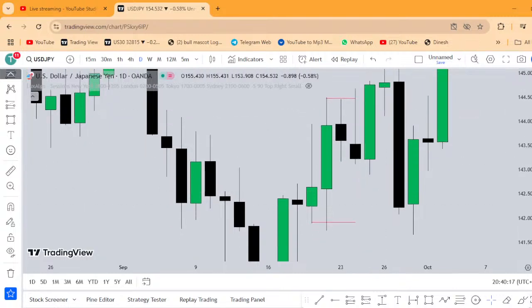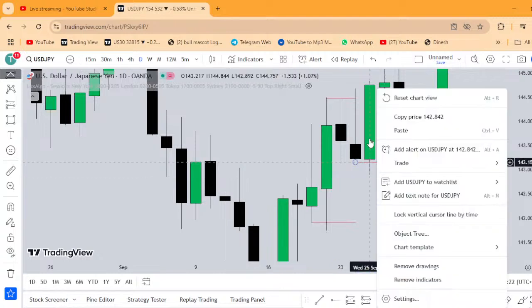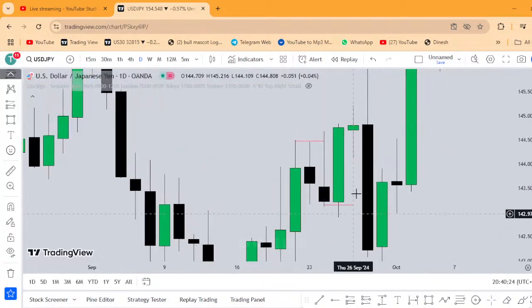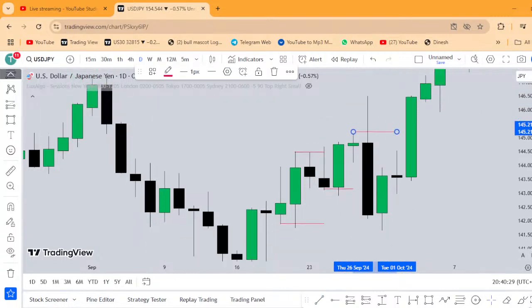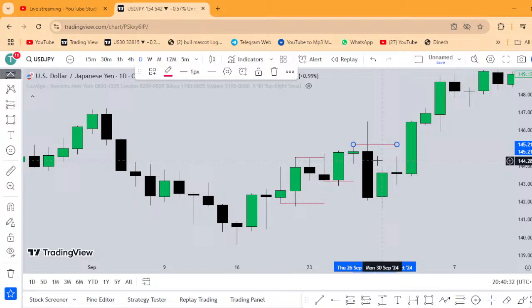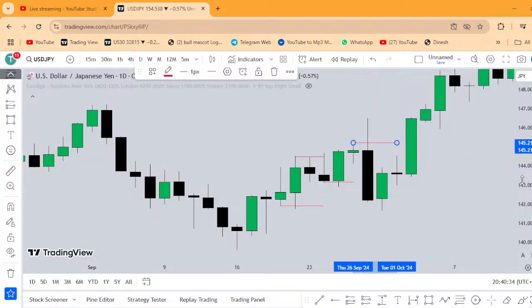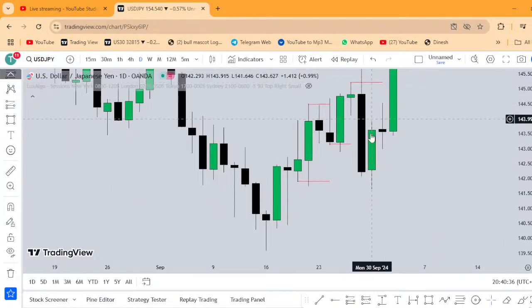Very easy. When price swept this low, it bought, right? As simple as that. When price took away this high, and this must have been some news, it's Friday, September, it dropped. Same thing. When it took this low, it bought.